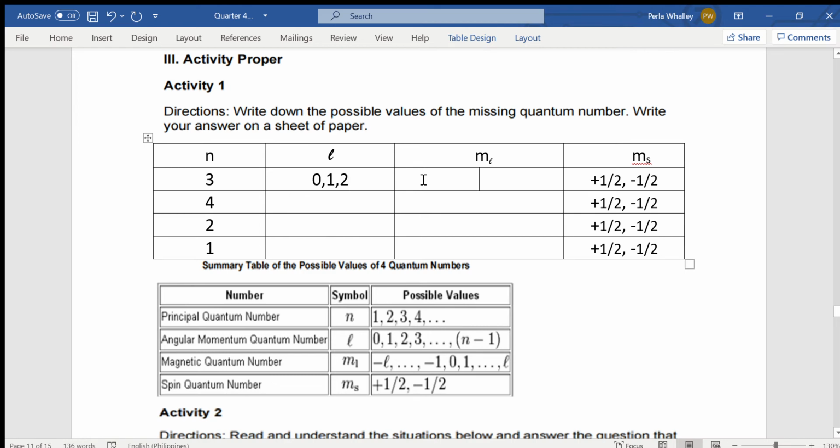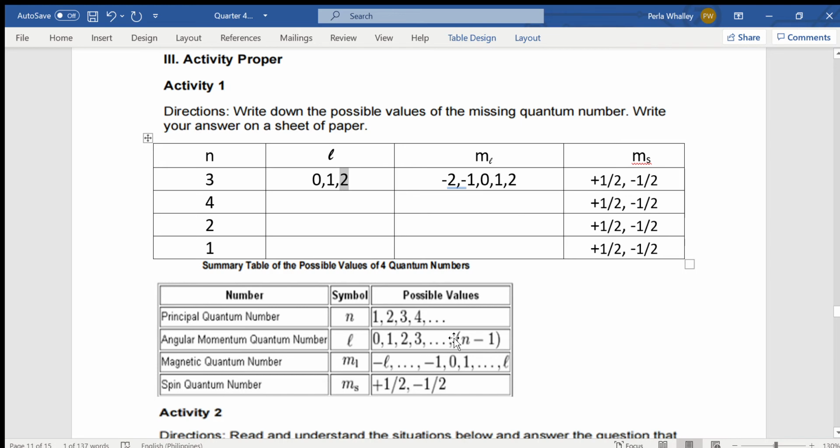You start with minus 2, and then minus 1, followed by 0, followed by 1, and then 2. Okay? So this is your L here, minus 2 and plus 2, and between that would be minus 1, 0, plus 1. So 0, 1, 2, and minus 2 to plus 2 will be yours to answer.